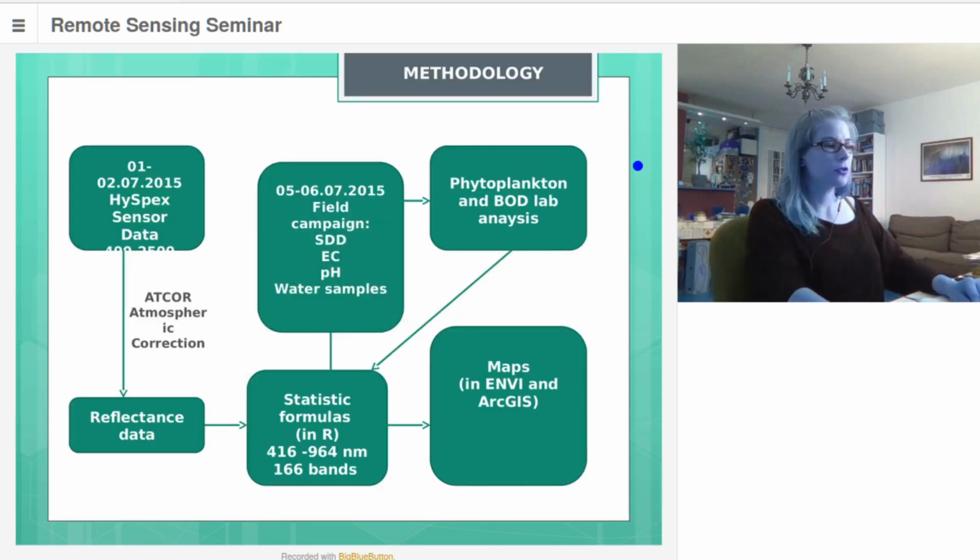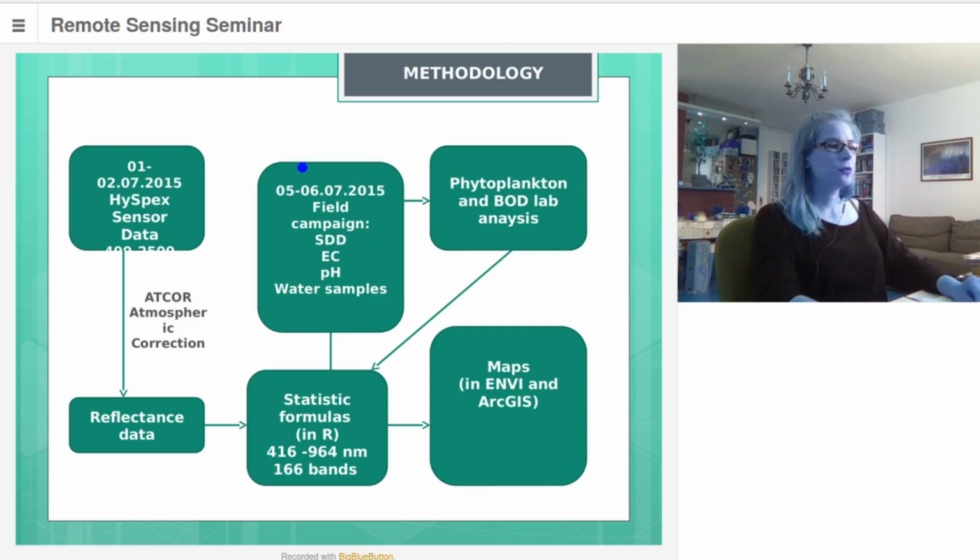First I want to talk about the methodology of the research. On 1st and 2nd of July 2015, the HySpex data was acquired by the company we work with, and it was atmospherically corrected by the ATCOR model, and there the reflectance data was acquired.